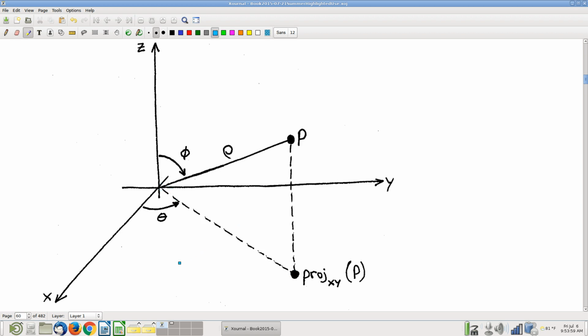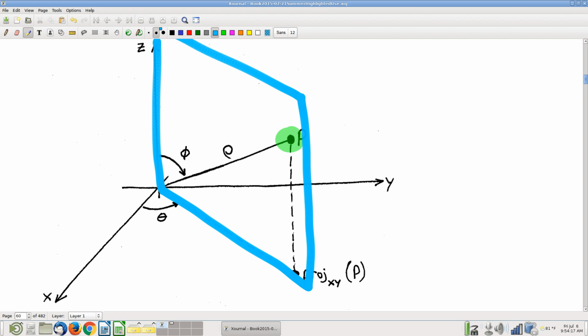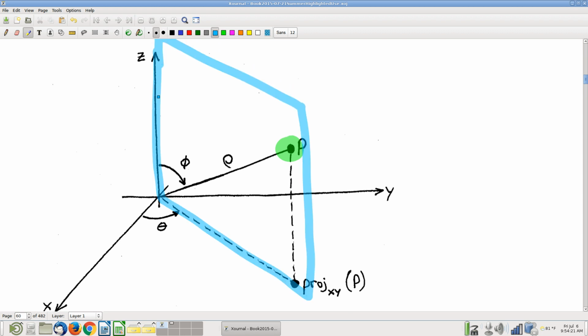The way we do spherical coordinates is we describe a point by way of 3 numbers. Step 1, we take that point. We look at that plane hinged on the z-axis that contains the point.